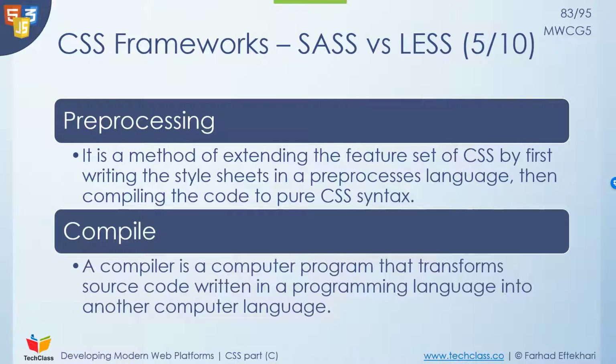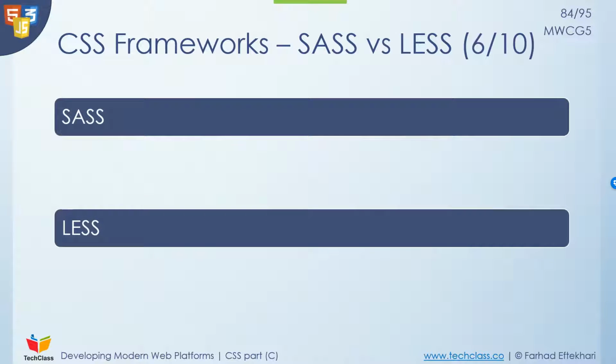A compiler is a computer program that transfers source code written in a programming language into another computer language. All right, now that we got to know about them, basically you write code as preprocessed code, and then your code compiles, and as an outcome it gives you the CSS rules as well.